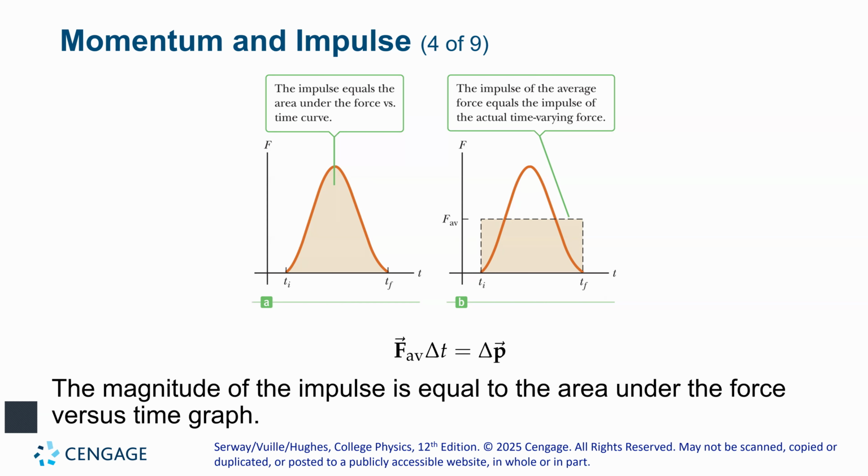But in order to simplify our calculations, we usually define an average force as an effective force that delivers the same amount of impulse to an object, which means the area under the average force graph is roughly equal to the area under the curved graph.